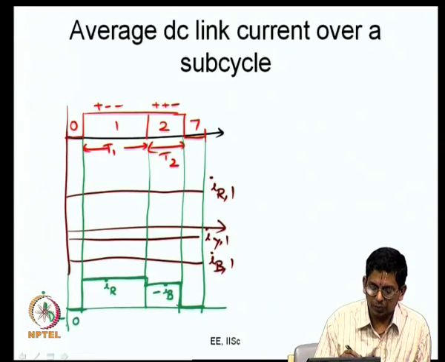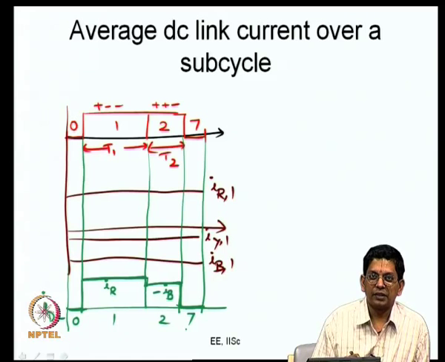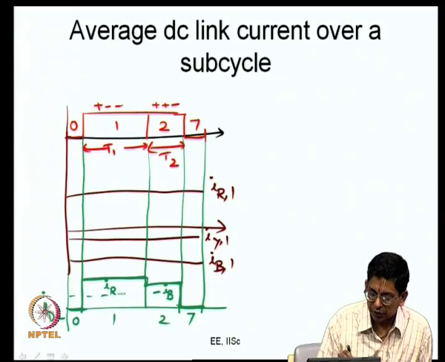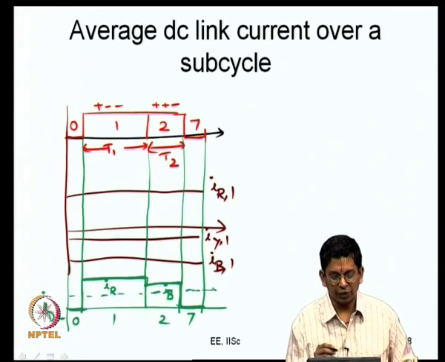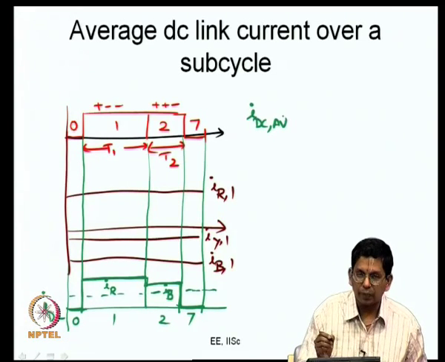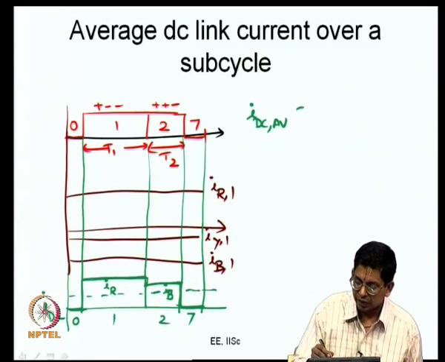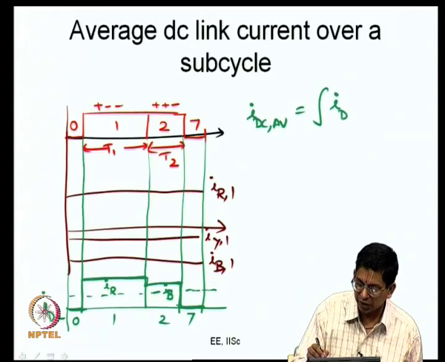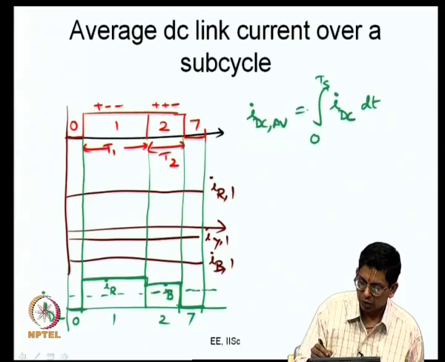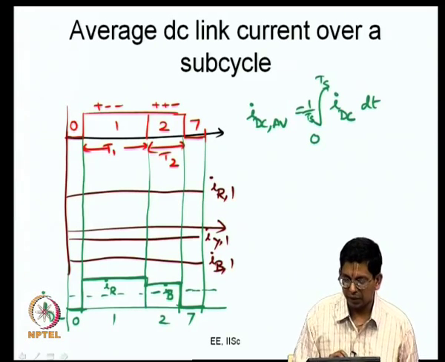So, this is when 0 is applied, this is when 1 is applied, when 2 is applied and when 7 is applied, and this has a certain average value. Let us call this IDC average. What is that IDC average? That is equal to the instantaneous IDC, dt integrated over 0 to Ts divided by Ts.